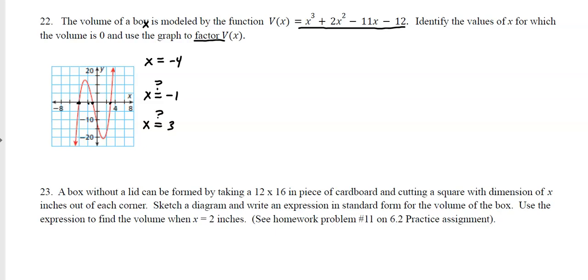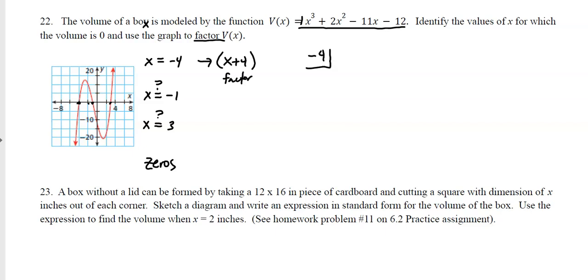Well, if I have zeros, those translate into factors for me, all right? Because factors are going to be opposites. So if x minus 4 is a 0, that tells me that x plus 4 is a factor. So if x plus 4 is a factor, let's do synthetic division and let's see what we get. And that'll help me get the next piece. So I'm going to go negative 4.